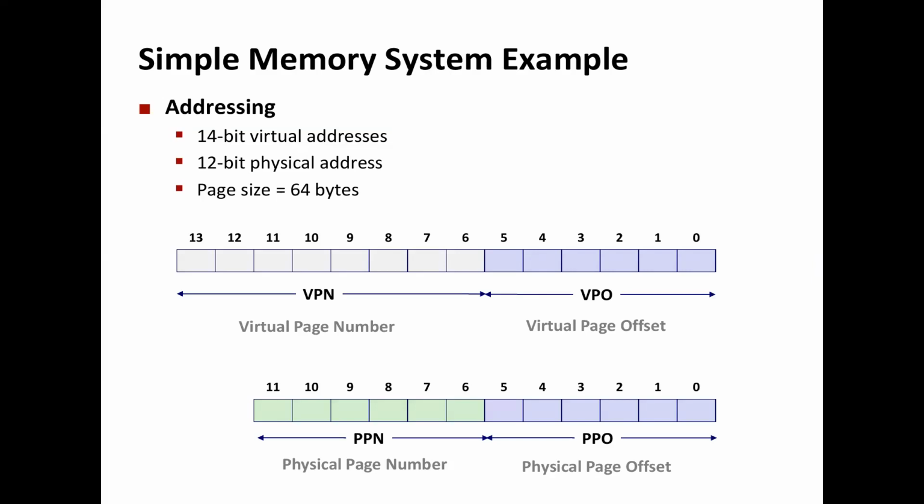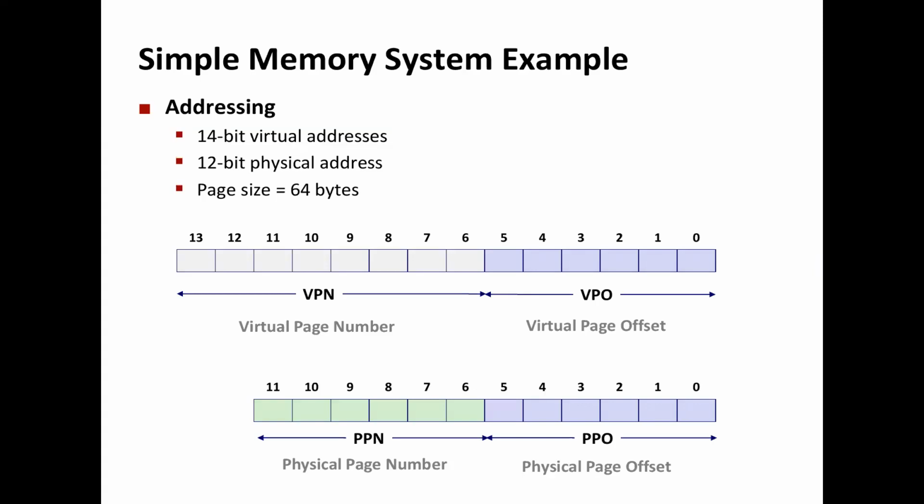Some later revisions have more than 48-bit virtual addresses, but certainly not more than 64-bit. I think it's currently 57-bit. Anyway, this is given by the specific architecture.